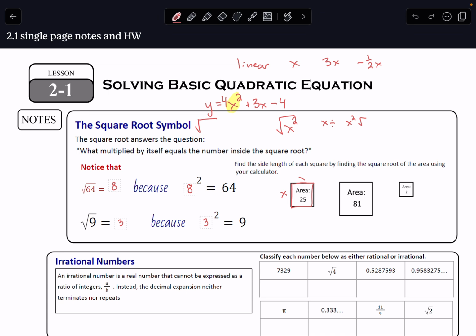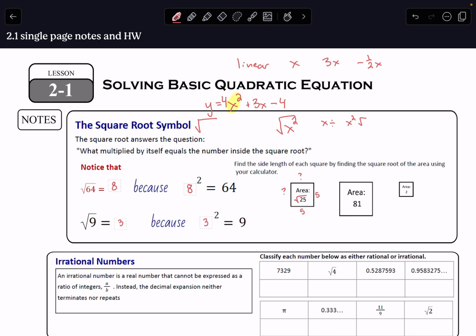So if I wanted to go backwards and figure out what these sides are, the opposite of taking x times x and getting 25, because remember, x times x is just x squared, so the opposite of doing square is to square root. So if I square root 25, then I find out that each of these sides is equal to 5 because 5 times 5 equals 25.